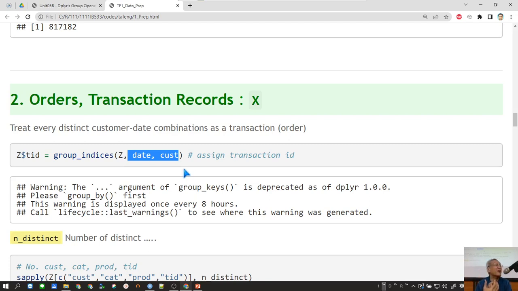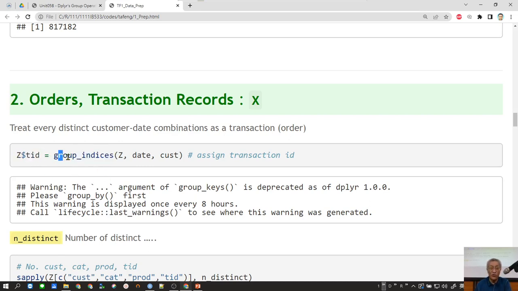That's reasonable, right? Because we do not have an invoice ID within our data, we treat every item that the customer buys in the same day as one transaction ID.